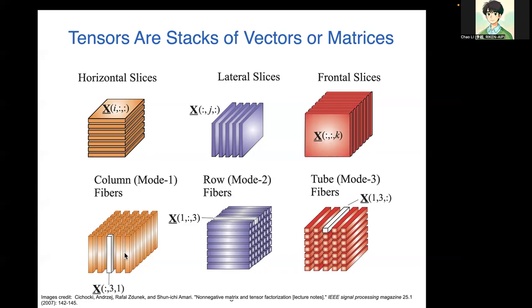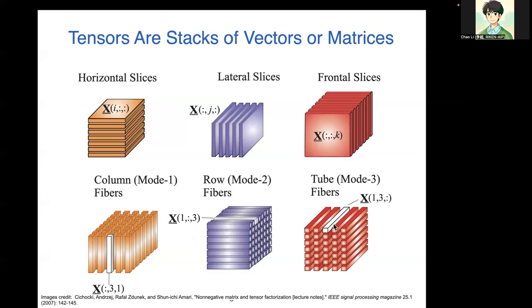On the bottom row, we have fibers, which are like one-dimensional strands through the tensor. A mode 1 fiber is a column vector obtained by fixing all but the first mode. A mode 2 fiber is a row vector obtained by fixing all but the second mode.